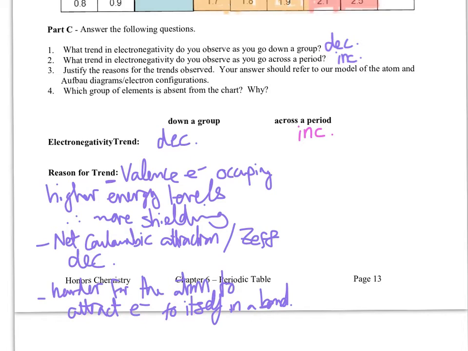So we have valence electrons added to the same energy level, and so not much extra repulsion.